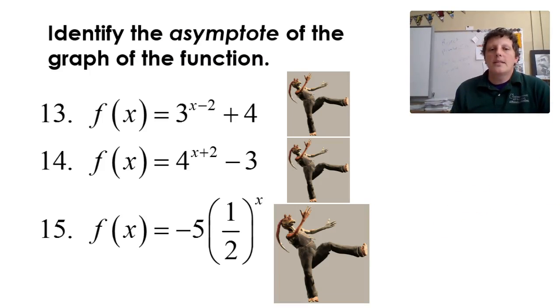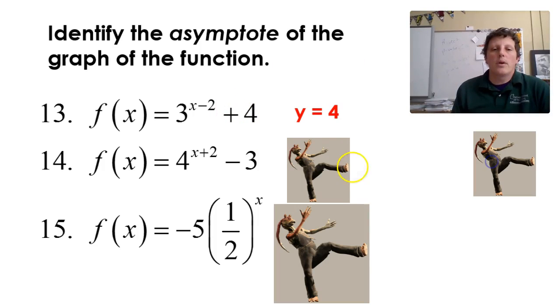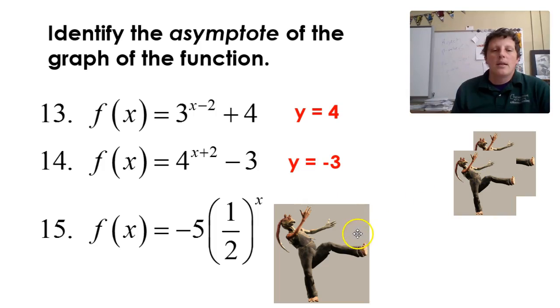So, in these examples, we have 3 to the x minus 2 plus 4. The asymptote is going to shift up from y equals 0 to y equals 4. That's simple. In the next example, it's going to be y equals -3. And in the final example, just like a minute ago, there is no shift up or down at the end.